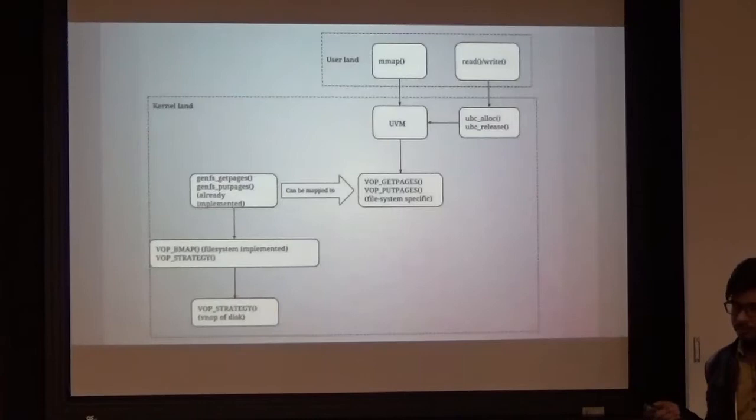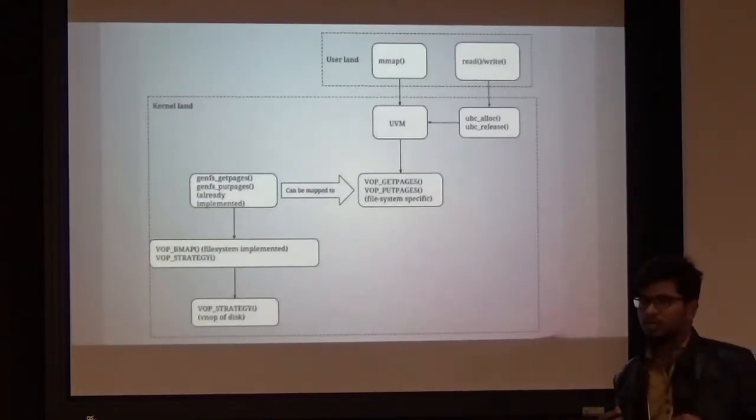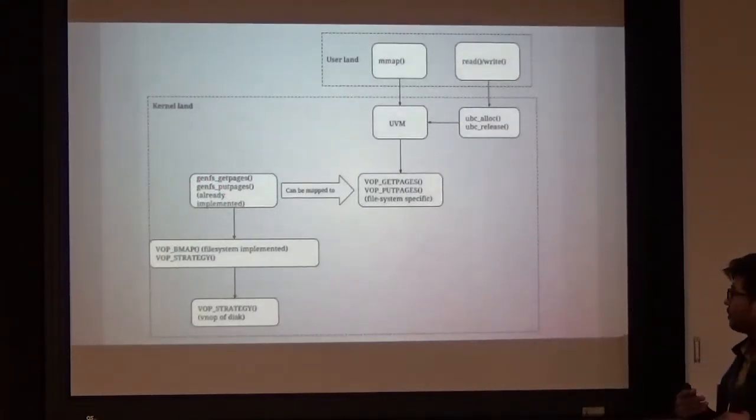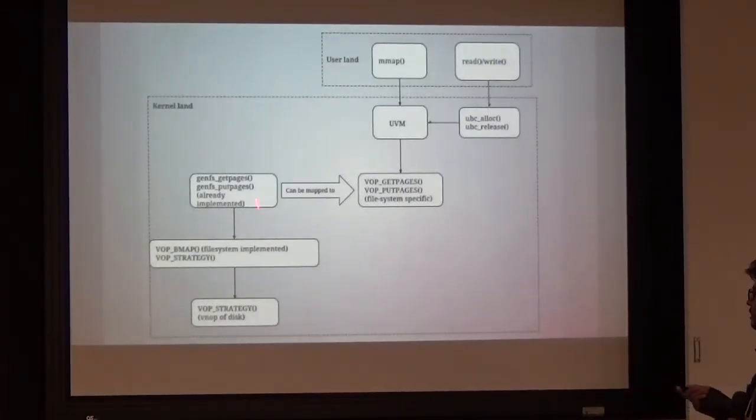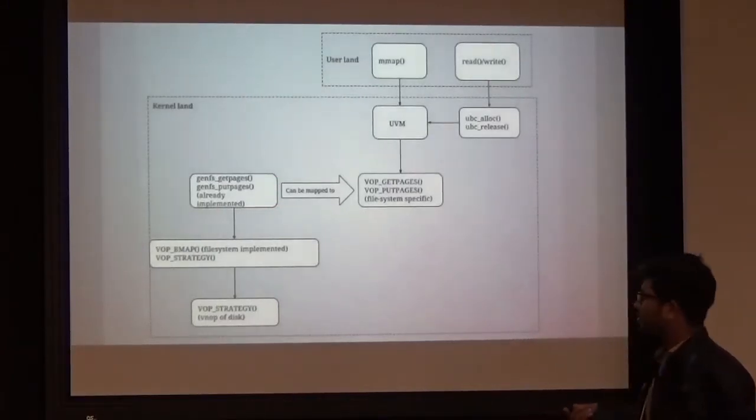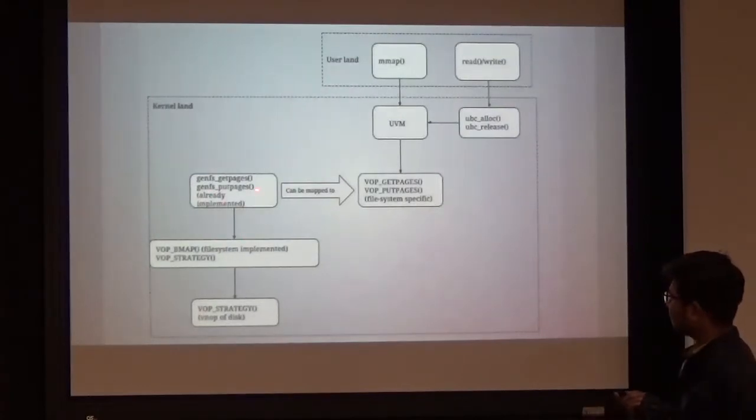So most of the things remain the same for all the file systems. But the actual mapping from logical block number to physical block number depends on the specific file system. Rest all the things, like handling page fault, requesting the pages, and then writing back to the disk, all remain the same.